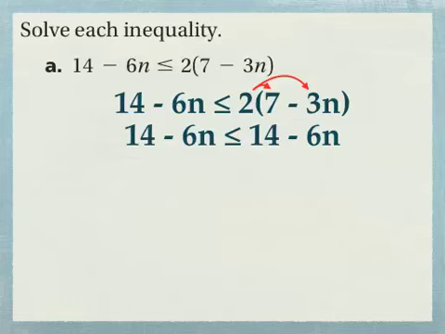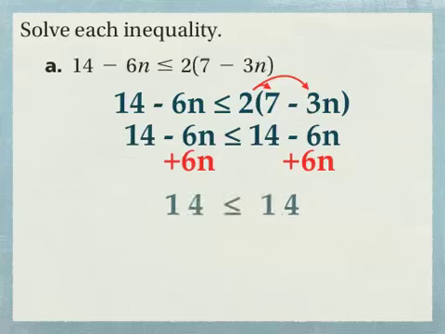If you notice right now, I have the same exact thing on both sides, but I'm going to go ahead and try to get my variable by itself to solve the inequality. I need to add 6n to both sides. When you add 6n to both sides, the variable cancels out on both because negative 6n plus 6n is 0.